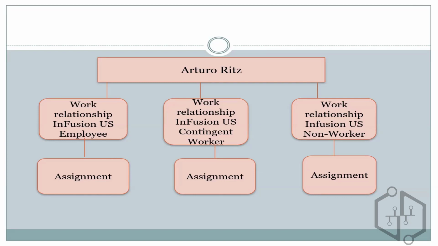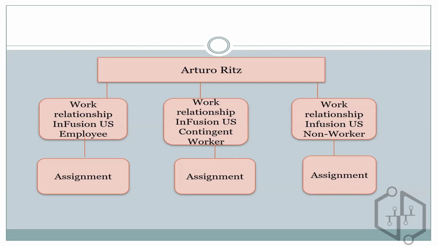A contingent worker is not an employee, like a contract worker, not on the payroll of the company. So in the work relationship with Infusion, he is a contingent worker and holds a second assignment. Then the work relationship with Infusion US also has a non-worker, holding a third assignment. Can he be all three at the same time?